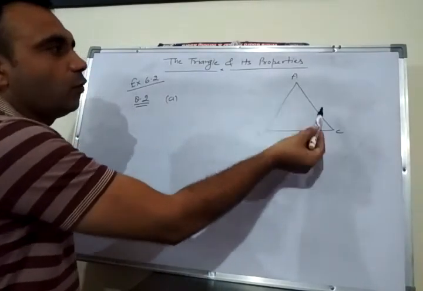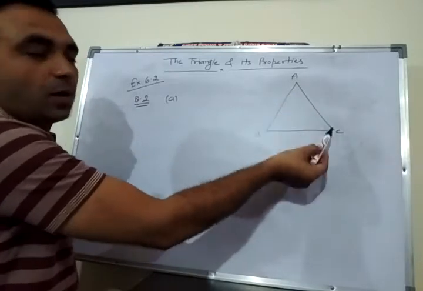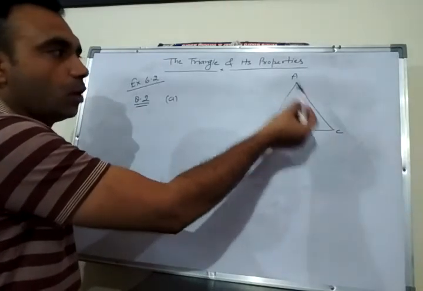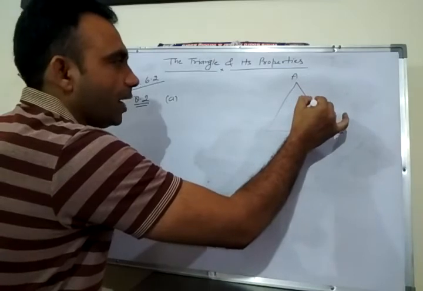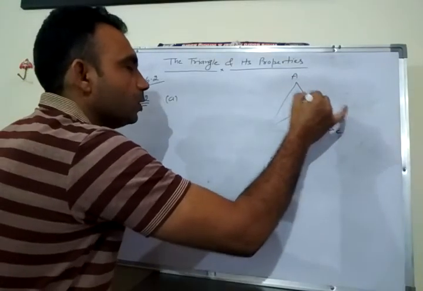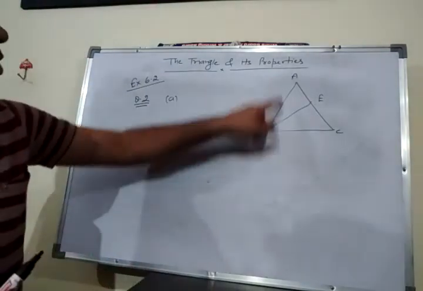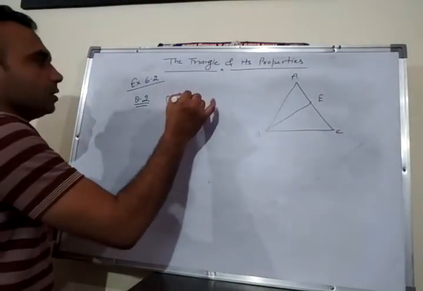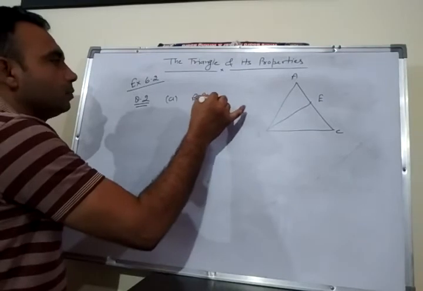To find the midpoint of AC, you will draw its perpendicular bisector using a ruler and compass. When you find the midpoint E, then you join BE. So this is the rough sketch. ABC is the triangle and BE is the median.